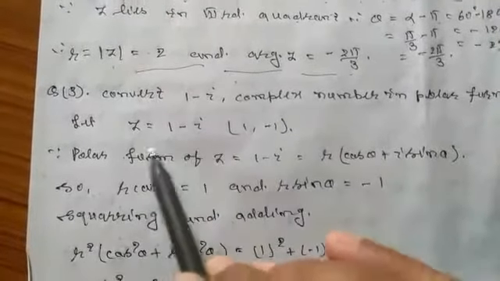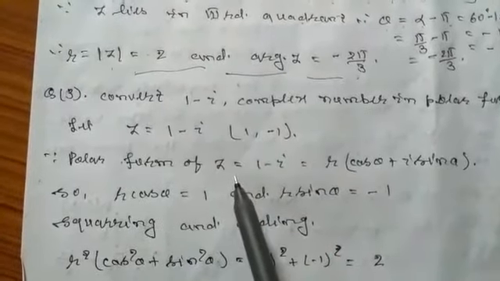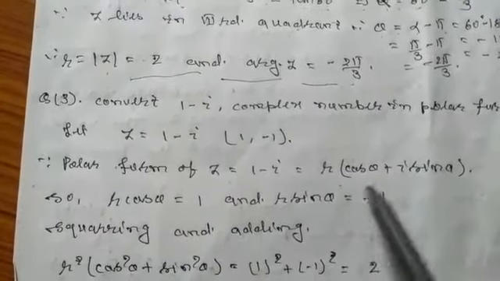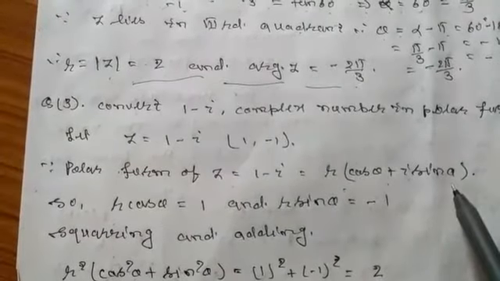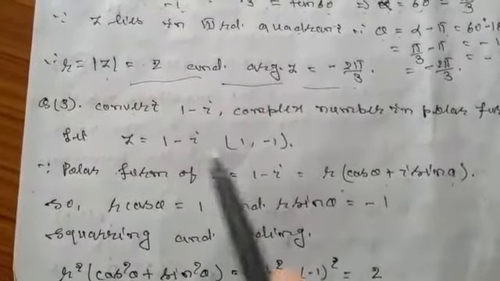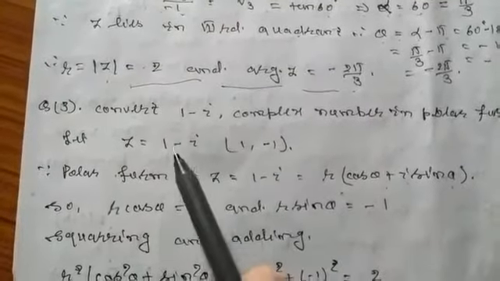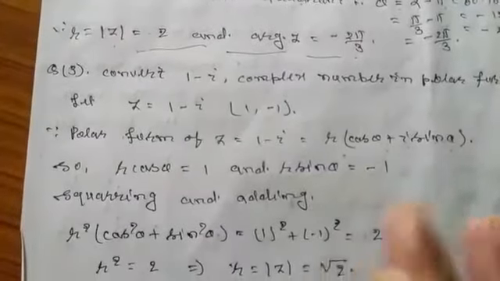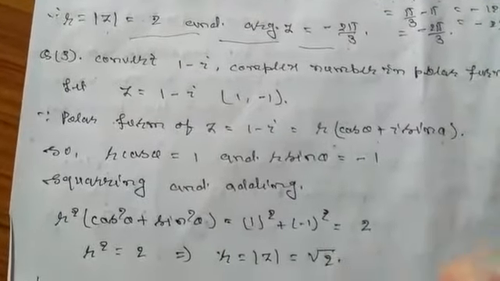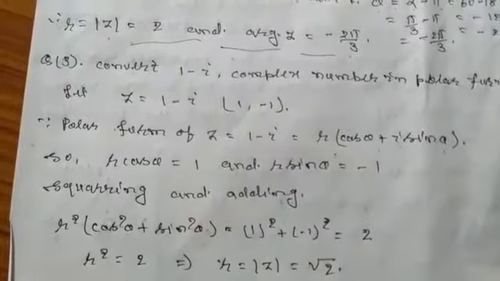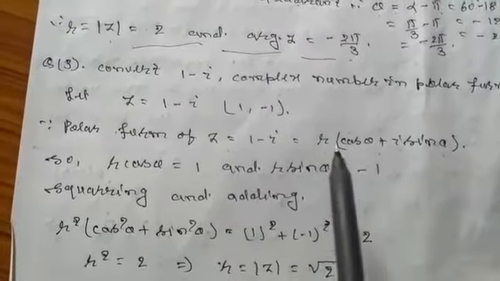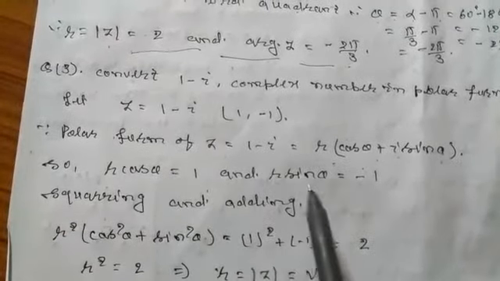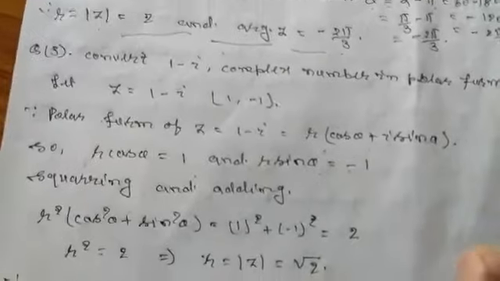As you know, the polar form of z, or any complex number, 1 minus i equals r cos theta plus i sin theta, and here the ordered pair is (1, -1) because the real part is 1 and the imaginary part is minus 1. So now equating the corresponding parts, real to real and imaginary to imaginary, we have r cos theta equals 1 and r sin theta equals minus 1.